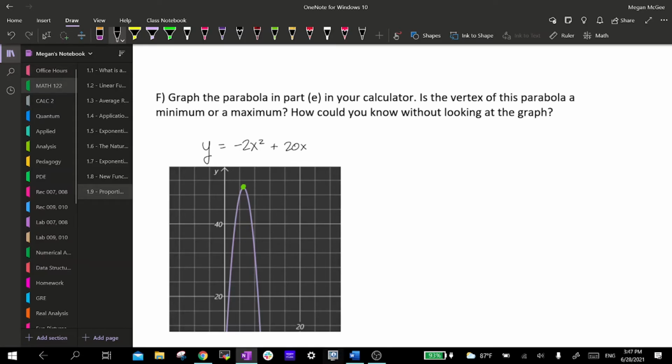So here, our vertex is a maximum, because it is the highest value that our parabola attains.